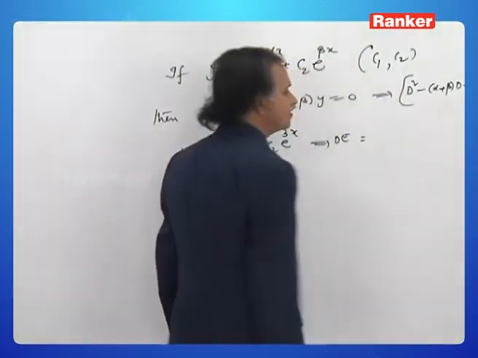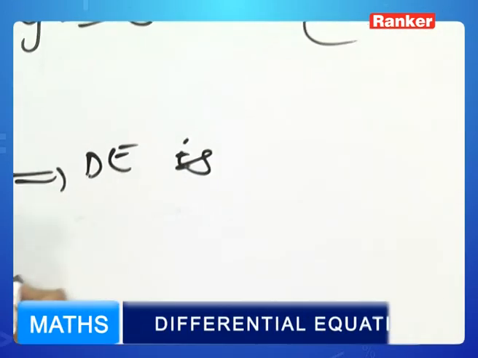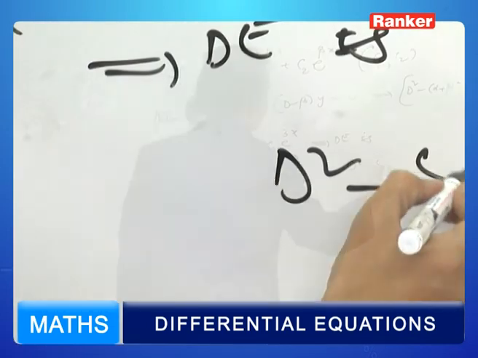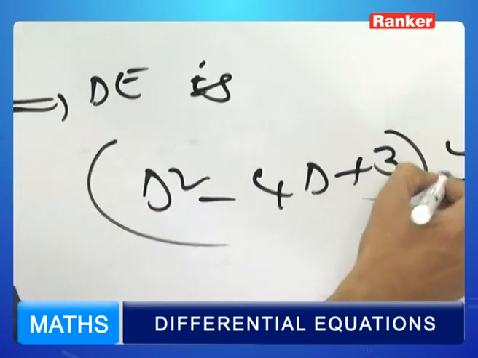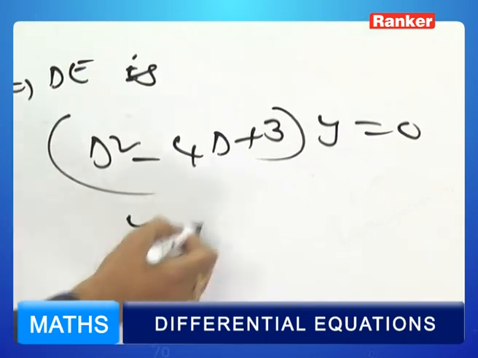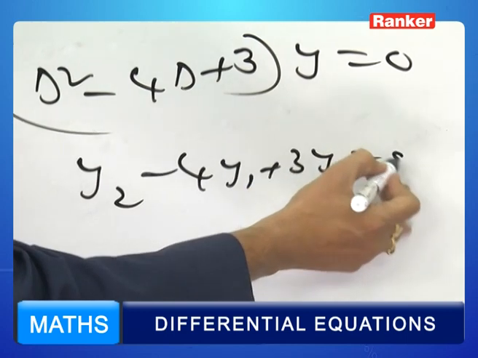Come on, tell me, what is the differential equation? It is D square minus 4D plus 3, of y is equal to 0. What does it mean? D square of y is y2, D of y is y1, so y2 minus 4y1 plus 3y is equal to 0.